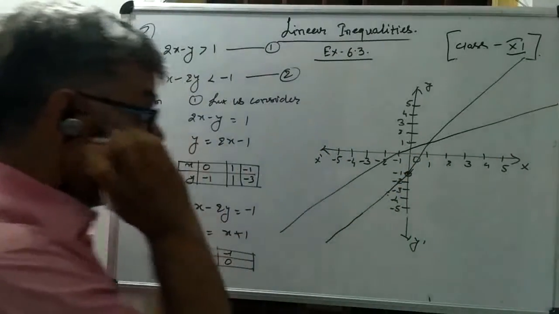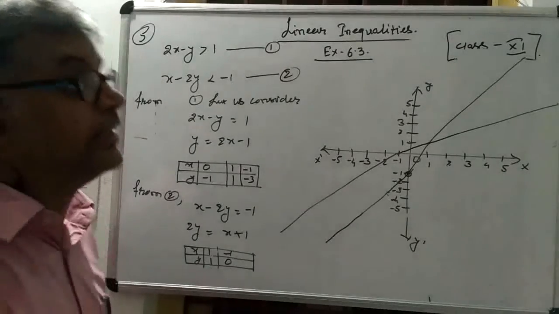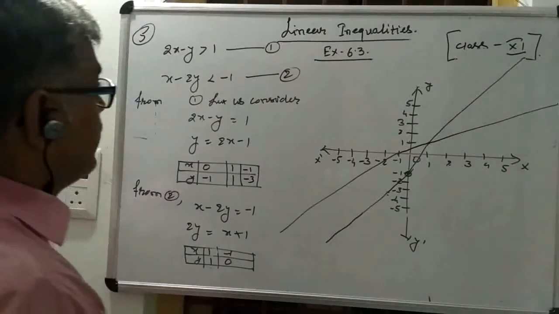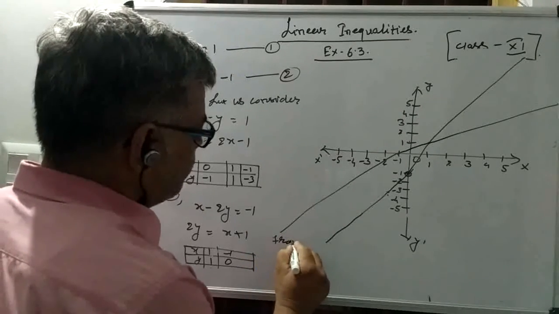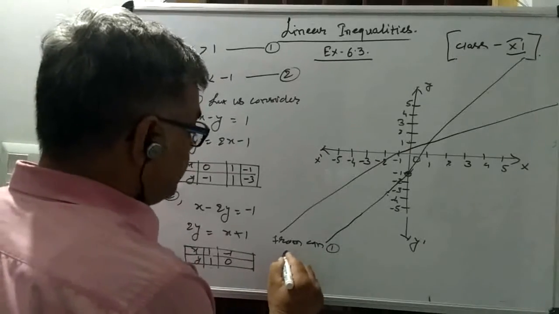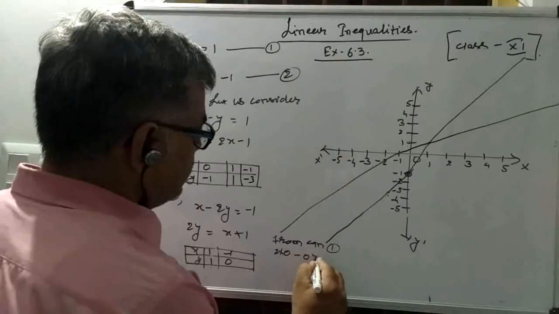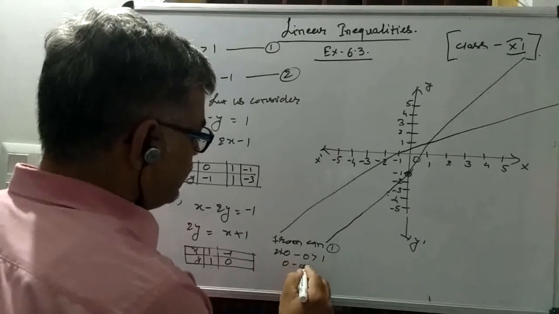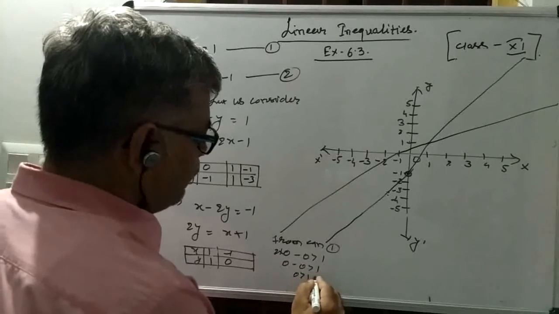Now we have to check what will be their solution region. For the solution region, just put 0, 0 in equation 1. When you put it, 0 minus 0 is greater than 1, that is 0 is greater than 1, which is not true.